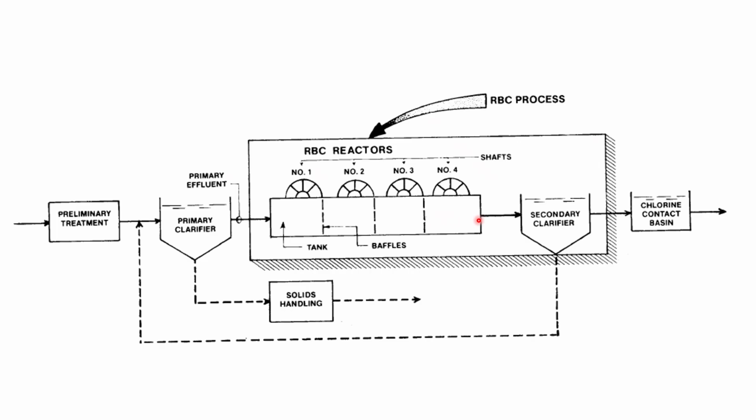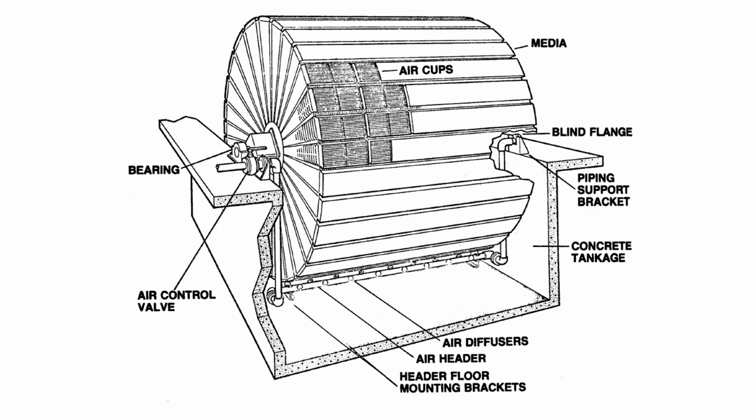Then the effluent coming off the RBC reactors goes to the secondary clarifier. We can even recirc this just as we did with the trickling filters, and send it back to the primary clarifier. We could even recirc it from the secondary up to the head of the RBC reactor, depending on what we're trying to do. Pretty slick when you think about it.